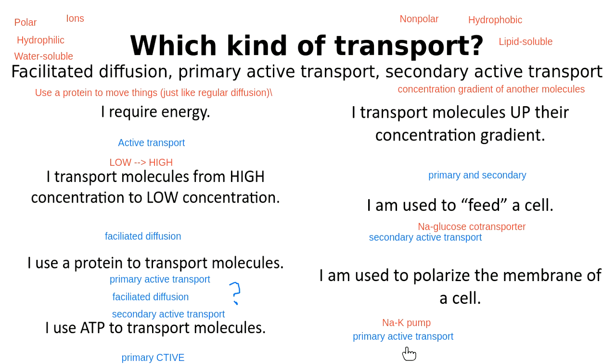How do I make primary active transport work? Yeah, Gloria is correct. Primary active transport, I use the energy of ATP. We talked about it yesterday, kind of like energy monies. I use the cell's money, ATP, to move things in.